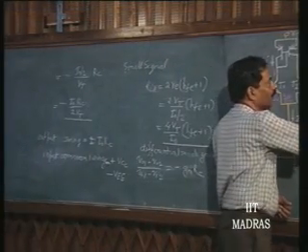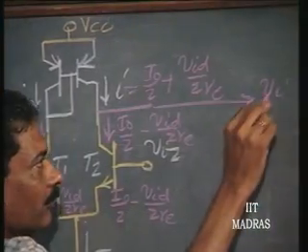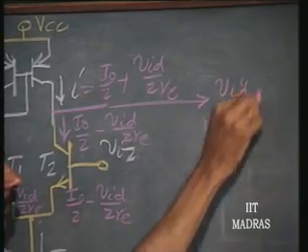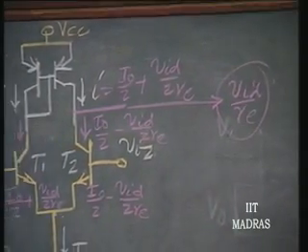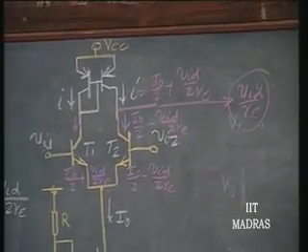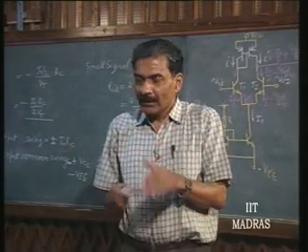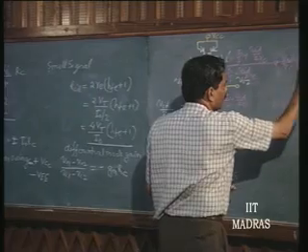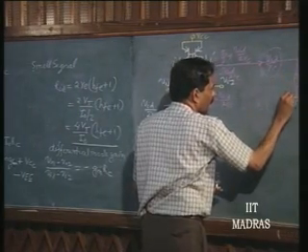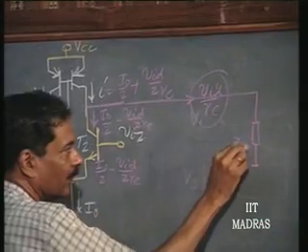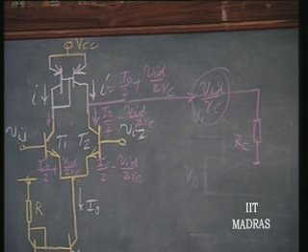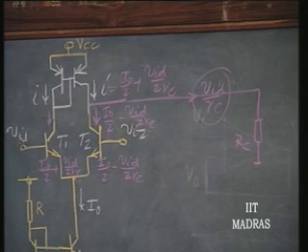VID by RE. This is with reference to ground. If you now connect a load across this, RC, whatever it is, the output voltage will be VID by RE into RC or GM into RC.